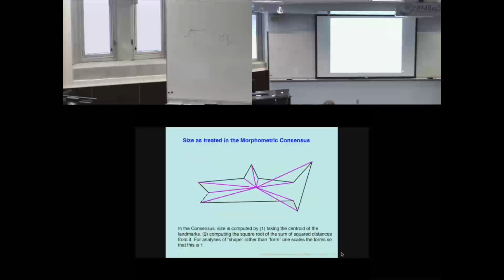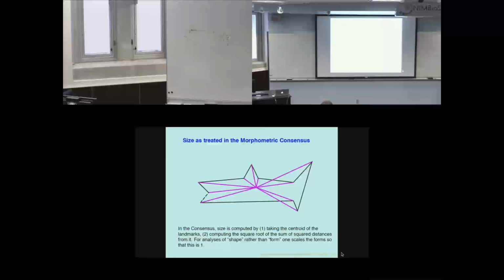Centroid size, we can either do that or do this maximum likelihood thing for size. Centroid size, by the way, is the obvious thing. You take the centroid, you get the distances, the vectors out to all of the landmarks, including some that can go outside the outline, that's okay. And you sum their squares and you square root that.